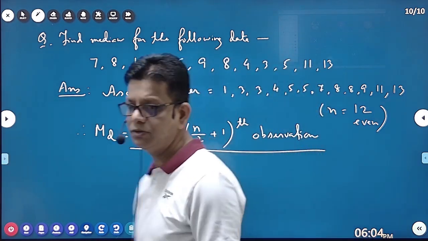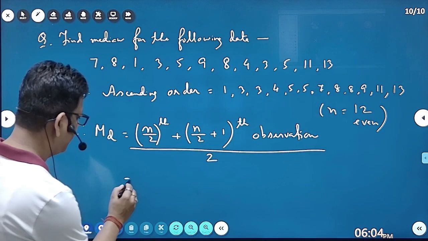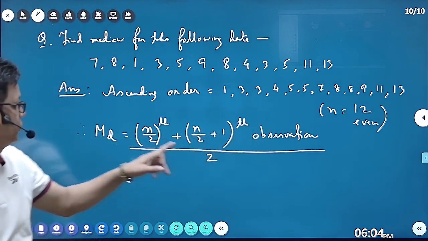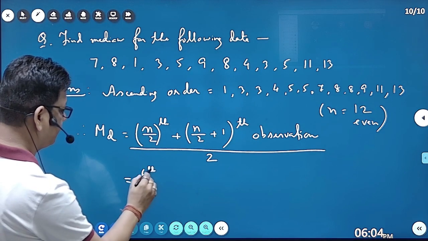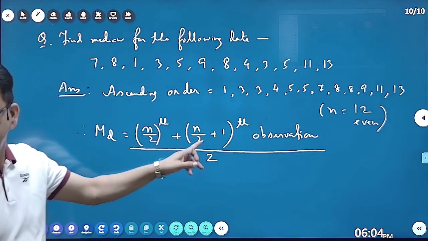Directly you can do it, no extra steps. n is 12, so 12 by 2 means the 6th observation.